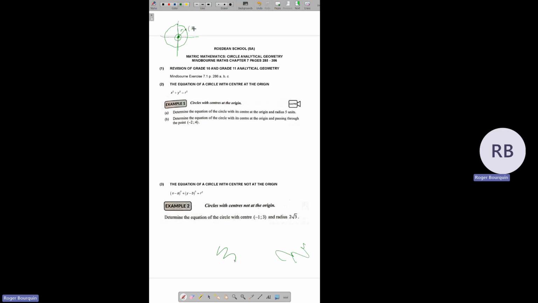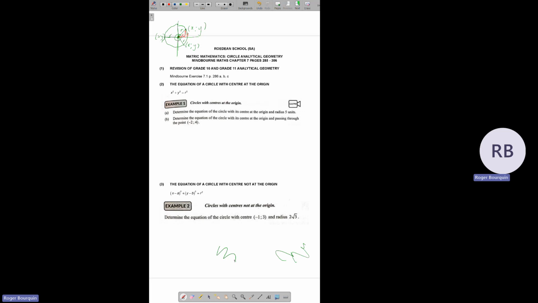Then we've got an infinite number of points on the circumference. So x and y is any point on the circumference, r is your radius. If you took any point x, y here, that distance there is y, that distance there is x.